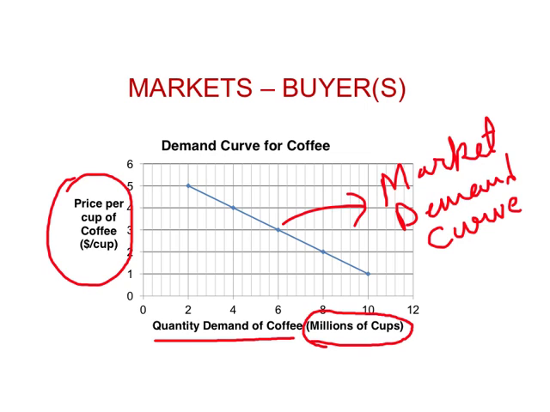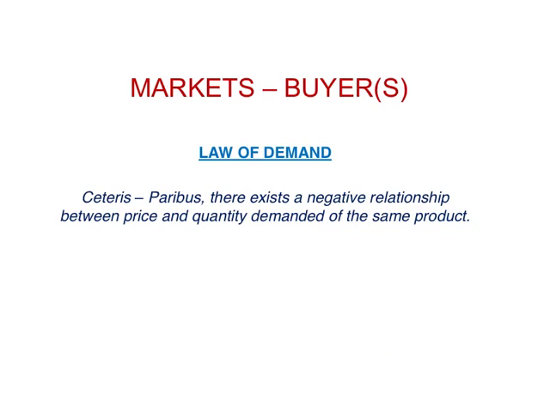And what we find is a negative relationship between price and quantity demanded of coffee for millions of consumers, and that is, when the price is higher, people tend to buy less, and when price is lower, people tend to buy more. And if this phenomenon applies to millions of consumers around the world, what we will have is a law of demand.